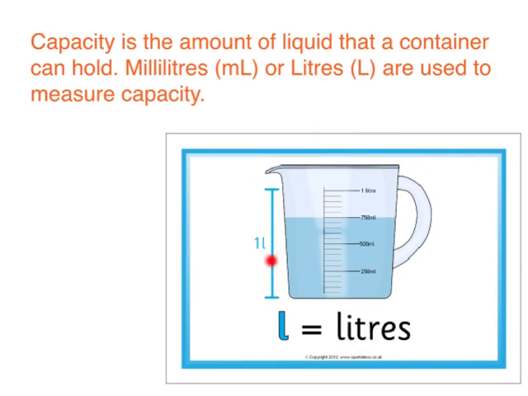Here we have a container that can hold a liter up to this line here. Pause the video for a second and see if you can figure out how many milliliters would make 1 liter by looking at the scale here on this container.